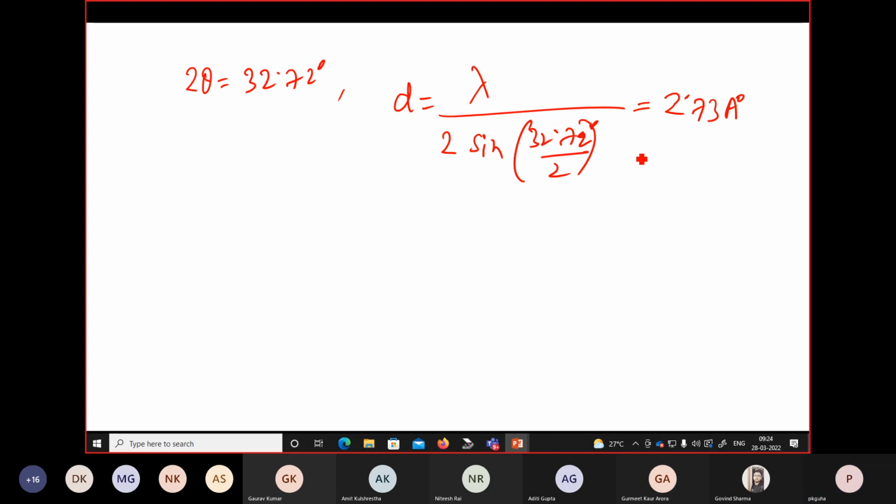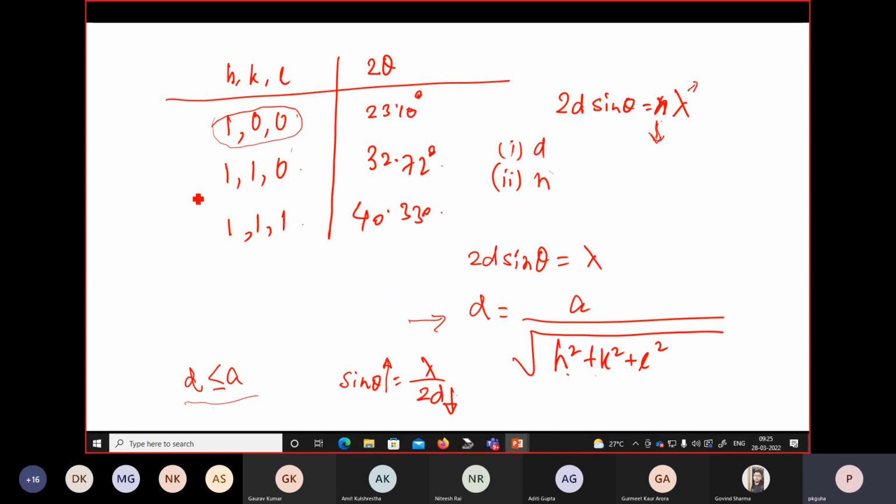And the Miller indices we have considered for this is 110, or 101 or 011, all are the same.